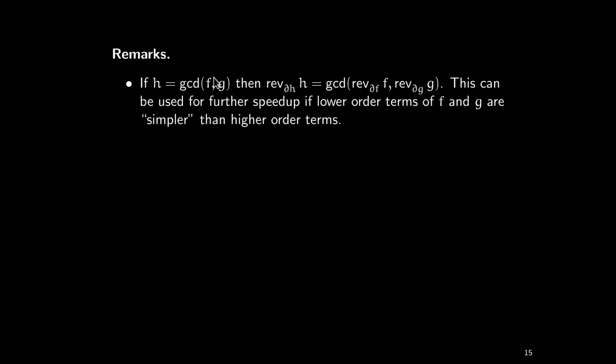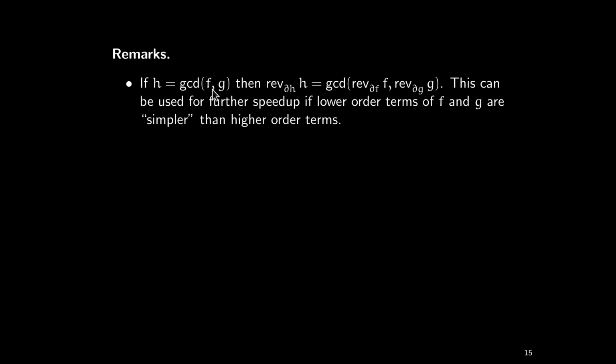So possibly not in theory, because in theory we care only about the degrees, but maybe you're working over a field that is complicated. Think of the rational numbers instead of a finite field where everything is equal cost. If you have something like the rational numbers, then maybe the trailing coefficients of f and g are simpler than the leading coefficients.